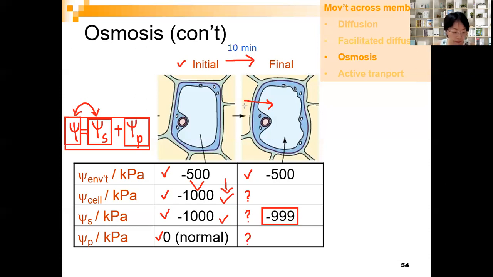Can anyone tell me? Filbert? From -1000, it has now become -999. Increase or decrease? Increase already. Why is it increased?